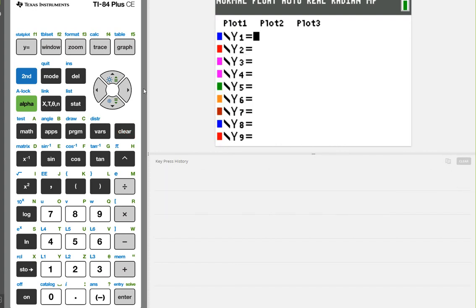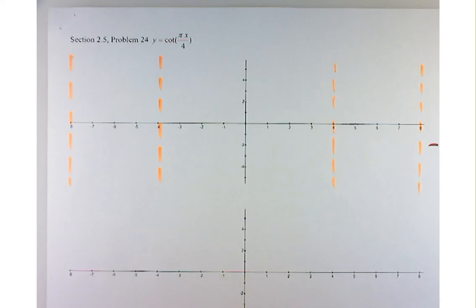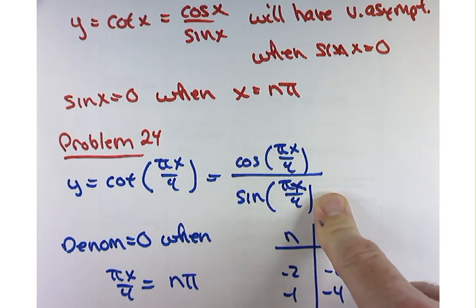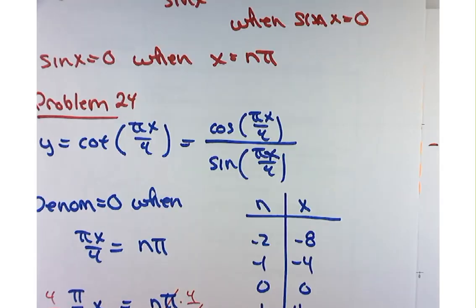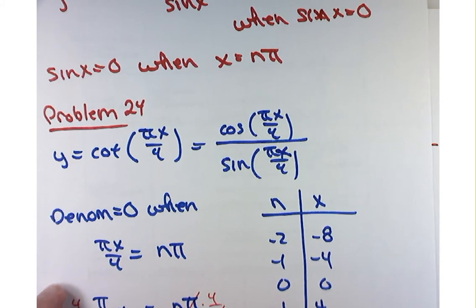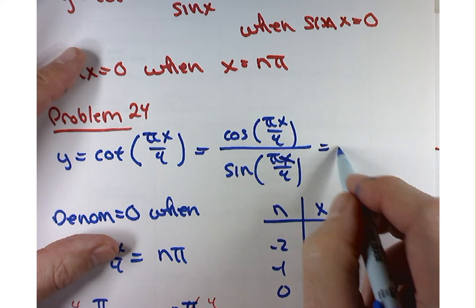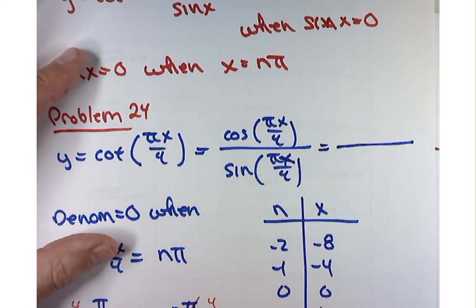So on the graphing calculator, you've got two choices as to how you can input this function. One of them is like the way we wrote it just a minute ago, cosine over sine. But there's another clever way that you could do this. Does anyone know a different way I could write the cotangent function? Some way that it would be easier to input into my graphing calculator.